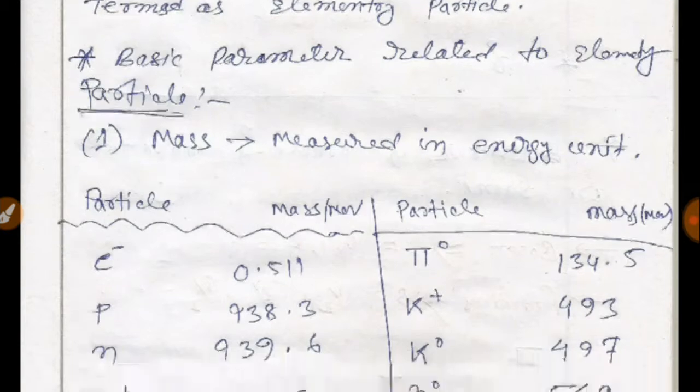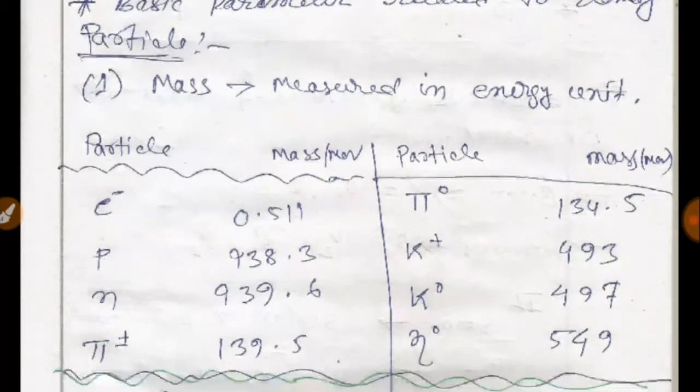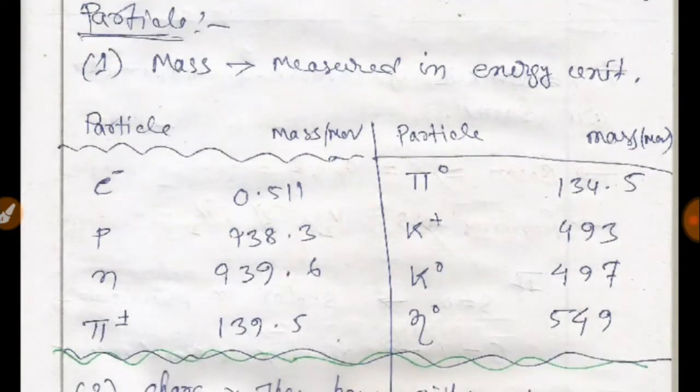The proton has a mass of 938.3 mega electron volts. The neutron has 939.6 mega electron volts, and so on. All the particles that I have listed here have masses according to what I have written here.